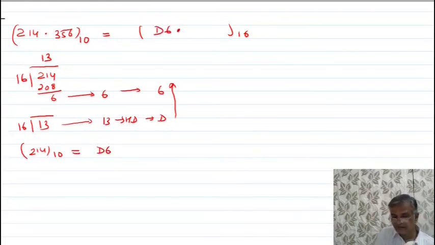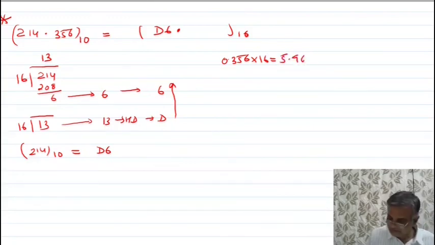Now point. Now let us convert 0.356 into hexadecimal number. So you can easily convert 0.356 into hexadecimal by this method. 0.356 multiplied by 16, you will get 5.696.